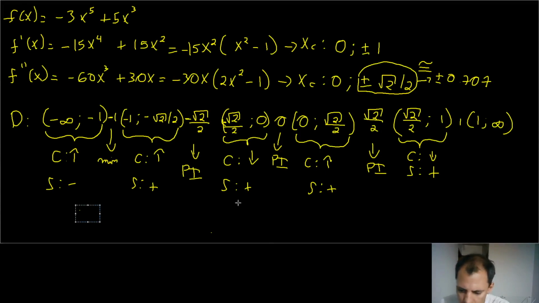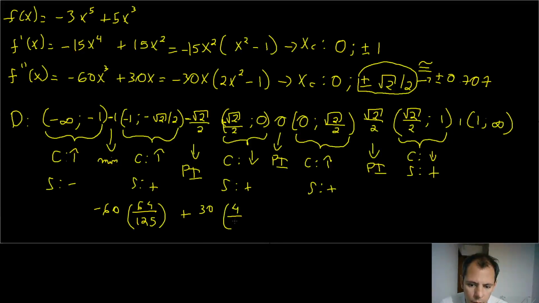I just like to erase all these little specks that are left behind. So, minus 60 times 4 divided by 5 cubed. So, it's 64 divided by 125, plus 30 times 4 over 5. Okay, so this is going to be negative, let's see, 60 times 64 divided by 125 is going to be 30.72.